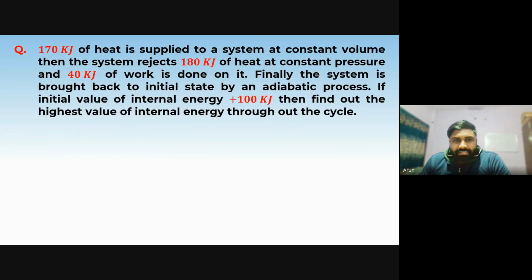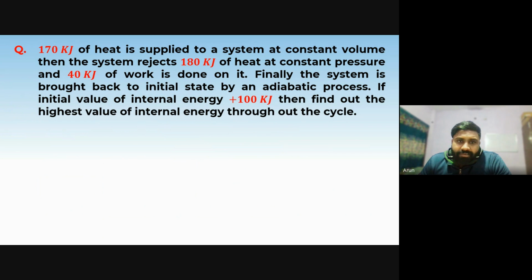The question you can see here is that 170 kilojoule of heat is supplied to a system at constant volume. Then the system rejects 180 kilojoule of heat at constant pressure and 40 kilojoule of work is done on it. Finally, the system is brought back to the initial state by an adiabatic process.